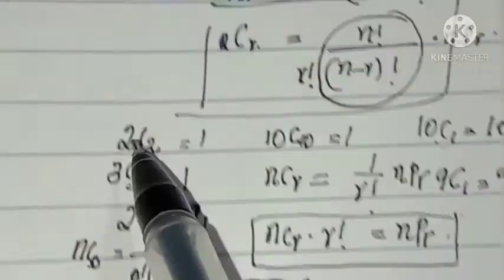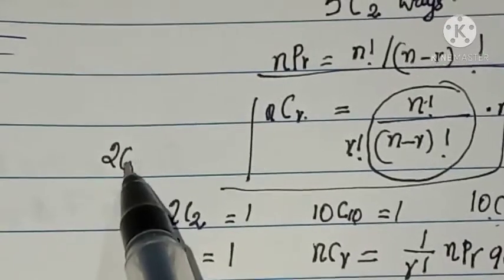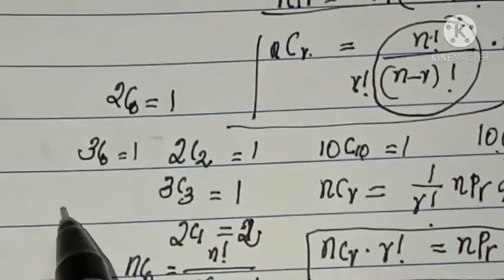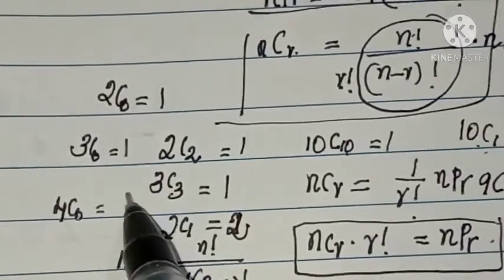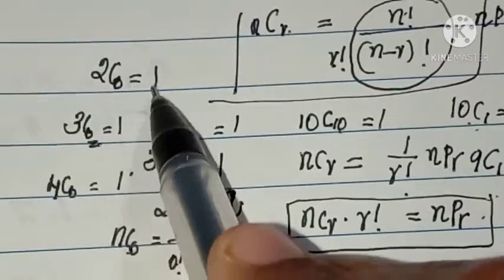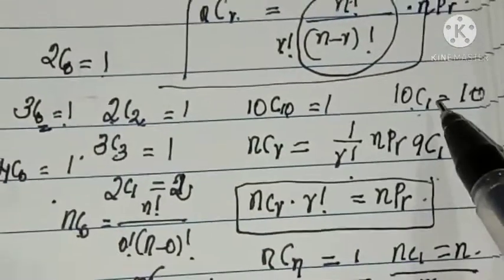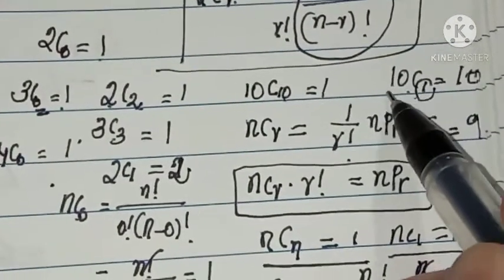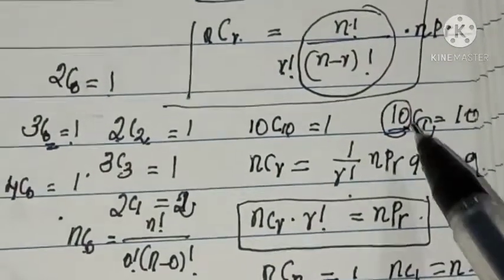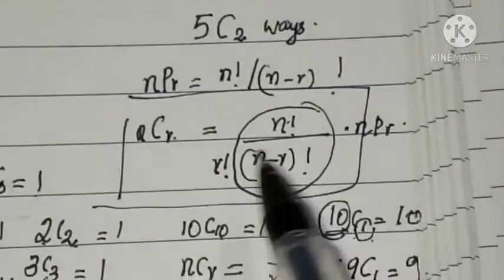Is it clear? Then 2C0 is equal to 1, 3C0 is 1, 4C0 is 1. So if the suffix is the same number or 0, then it is equal to 1. If the suffix is 1, then the total number is the answer, the required number of combinations. Anyway, learn this formula by heart.